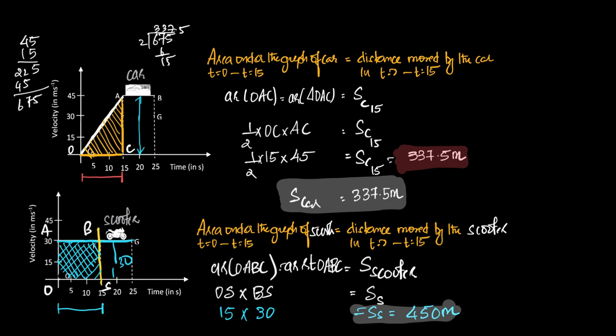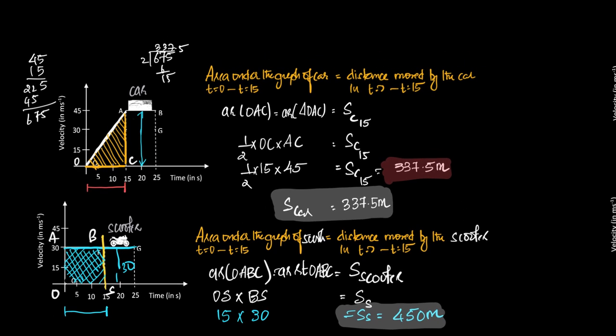So we have got two values, the distance moved by the car and the distance moved by the scooter. Now, what is the first part of the question? It is to find the difference between the distances moved in t is equal to 15. Therefore we can say that the distance moved by the scooter minus the distance moved by the car is equal to 450 meters minus 337.5 meters, which gives us 112.5 meters.